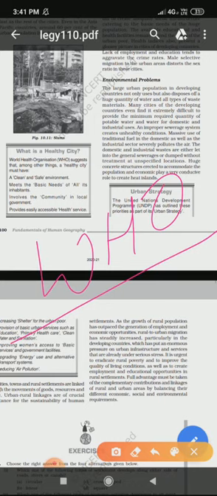Second, the basic needs of all, with the local community involved. Community means people who live in this environment. It is our responsibility to take care of our environment. Next, we can say easily accessible health service, because if roads are not proper, that is a problem.